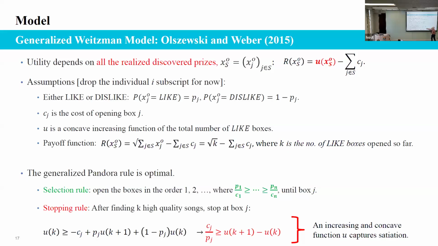So the stopping rule is that after finding k high quality songs, the individual will stop at box J as long as the following is satisfied. And this essentially just boils down to marginal benefit versus marginal cost. If you figure out that the marginal expected benefit of sampling the next song is higher than the cost, then you go ahead and sample.